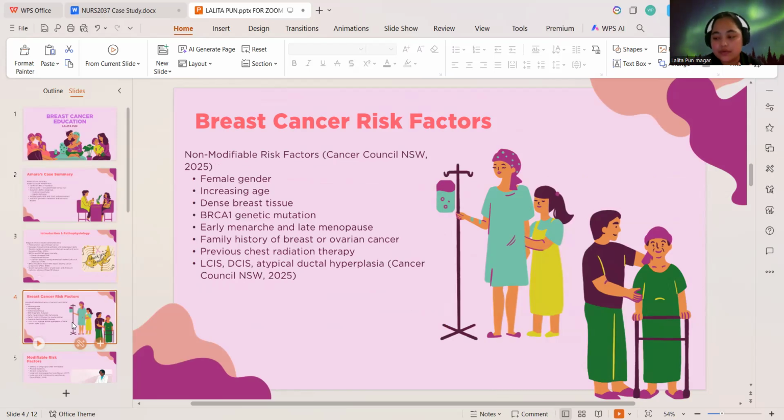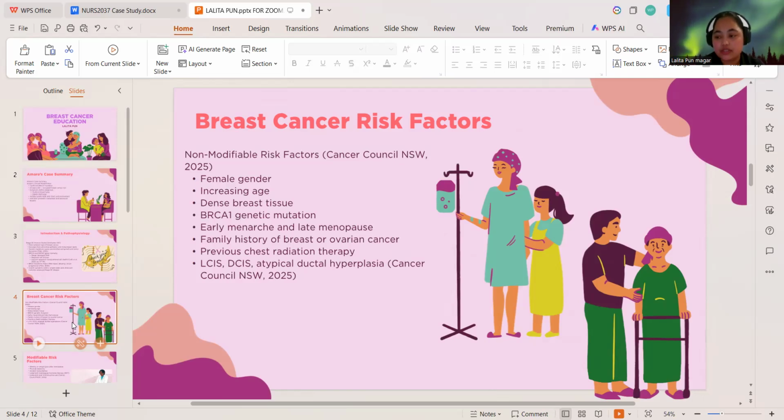So the non-modifiable risk factors include age, especially in older population, and gender, especially female, and dense breast tissue, along with reproductive history such as late menopause, not breastfeeding, and a family history of breast cancer or ovarian cancer also increases the possibility of having breast cancer.